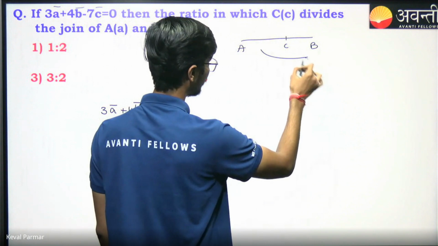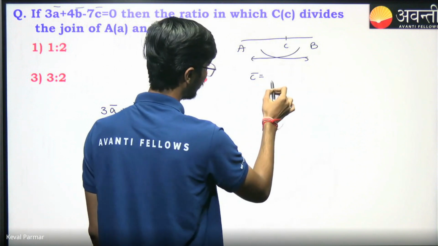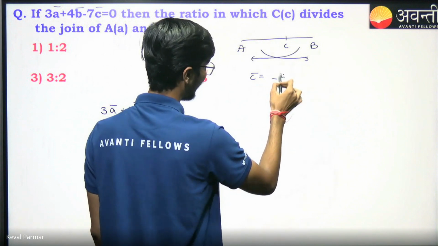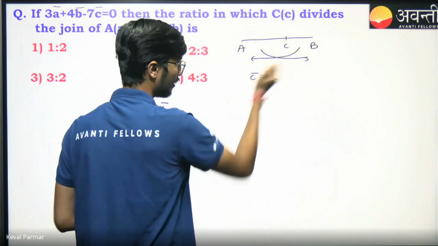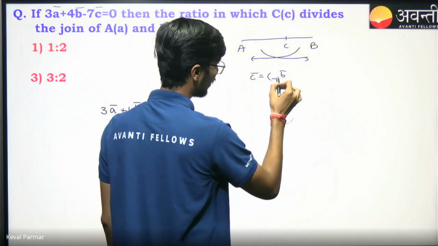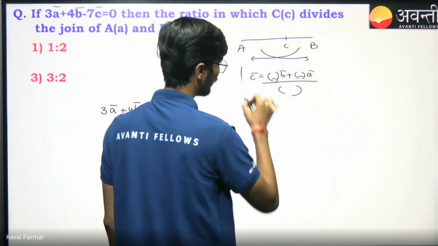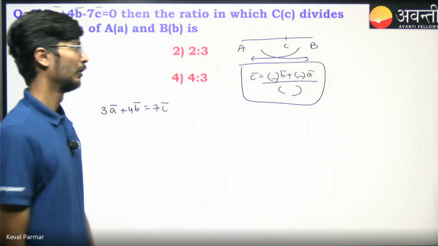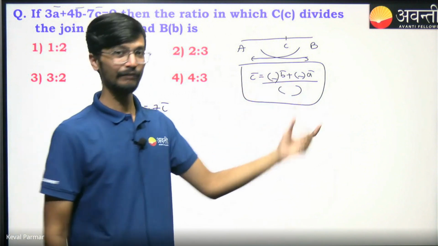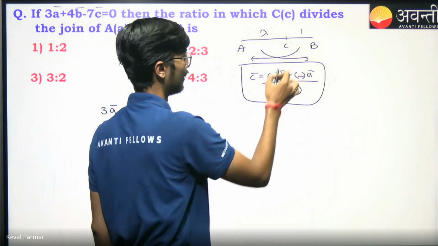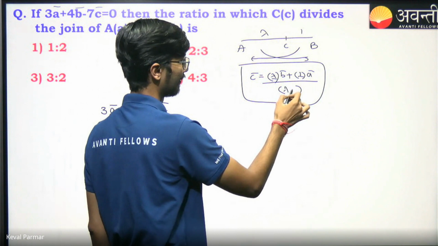So I'll get C bar equals something into B bar plus something into A bar, upon something. If the ratio is lambda is to 1, it is lambda B bar plus A bar upon lambda plus 1.